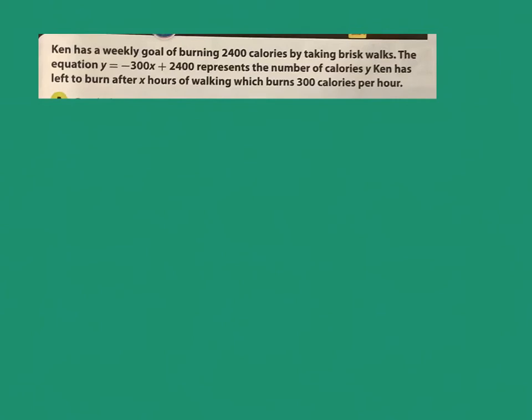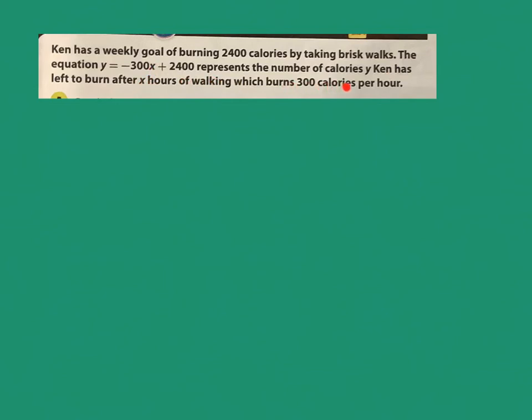All right, now I'm looking at the example on page 110, where it says Ken has a weekly goal of burning a total of 2,400 calories by taking brisk walks. That's the starting amount. He wants to reach that goal. The equation y equals negative 300x plus 2,400 represents the number of calories Ken has left to burn after x hours, the unknown amount of hours of walking.